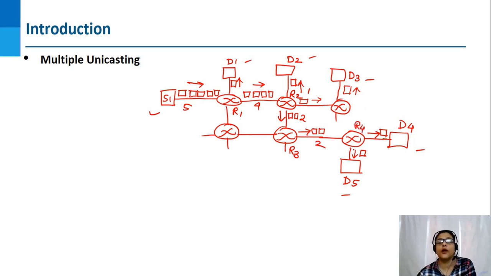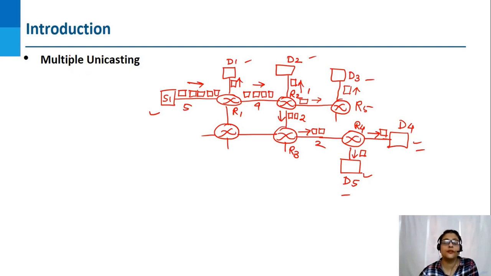From router R4, 1 packet goes to destination D5 and the other packet goes to destination D4. Here, from R2, one goes to D2 and the other one goes to this router, let's say router R5. From R5, this packet goes to D3.